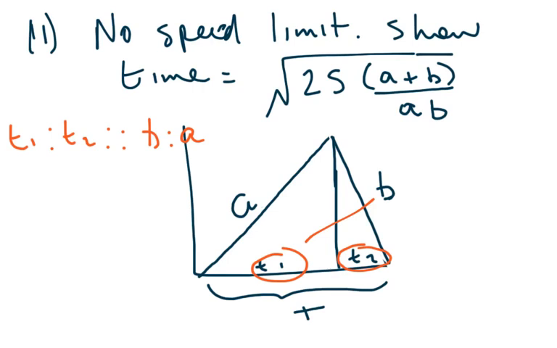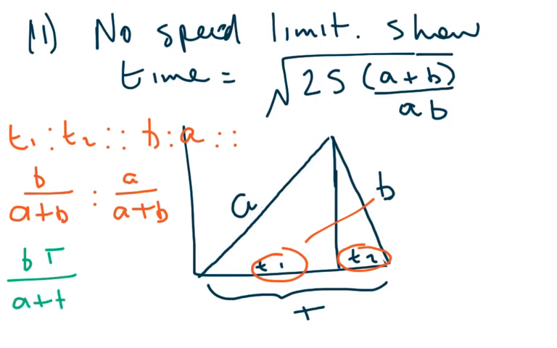So T1 to T2 is related to the ratio of B to A. And like we showed before, that's going to give us B over A plus B and A over A plus B. So the actual time for T1 is BT over A plus B, and the time for T2 is AT over A plus B.